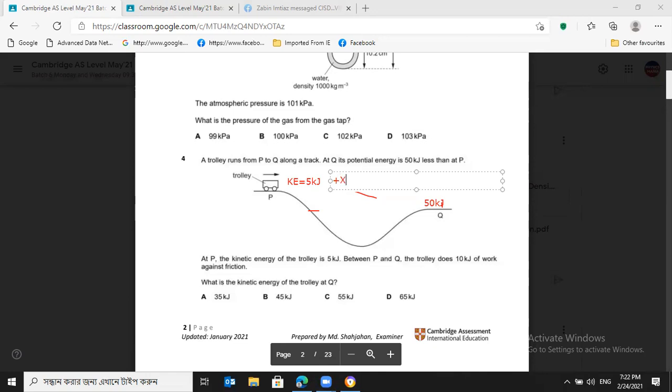Plus 10 kilojoules we have lost here, right?